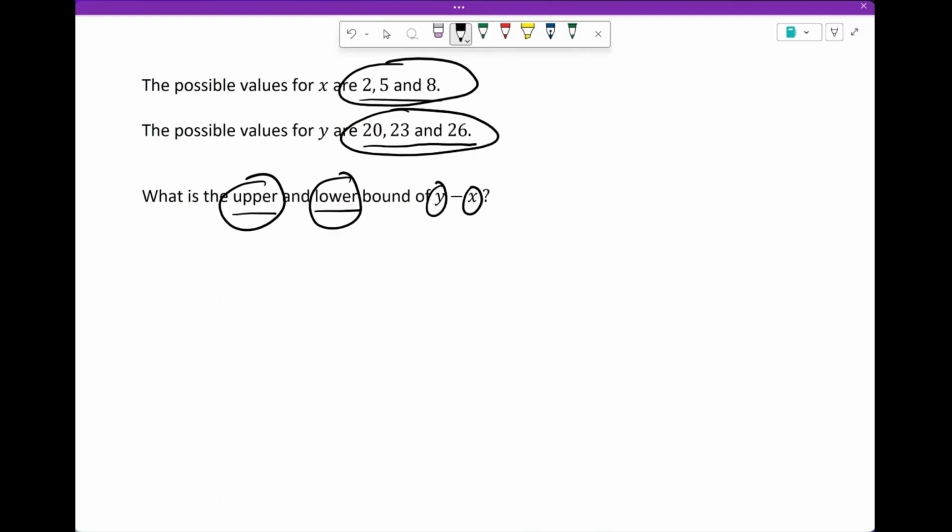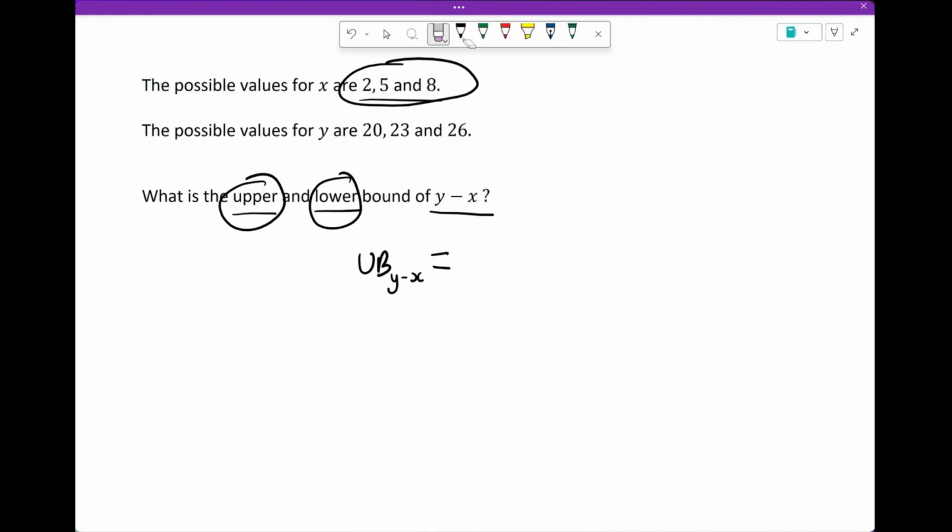Let's start by considering the upper bound. So I'm going to write UB, and my calculation here is y subtract x. I'll put that as the little subscript here, and it equals, and we now need to select a value of y and a value of x that is going to give me the largest possible value of y subtract x. Now let's think of subtraction as finding the difference between two numbers.